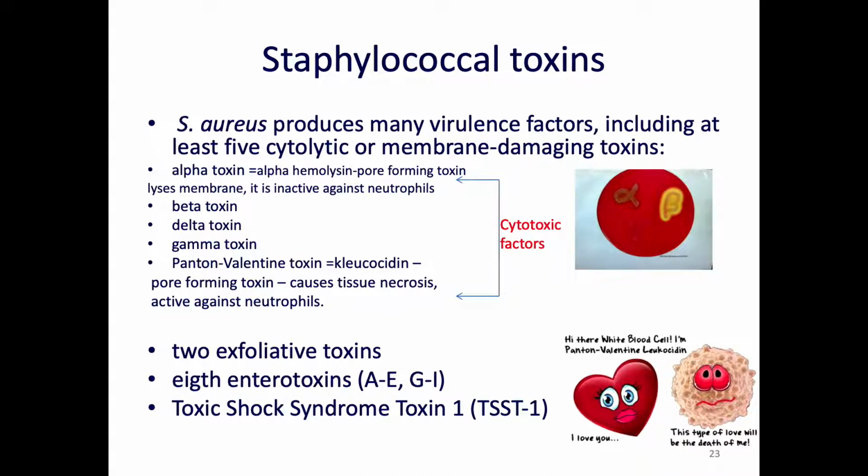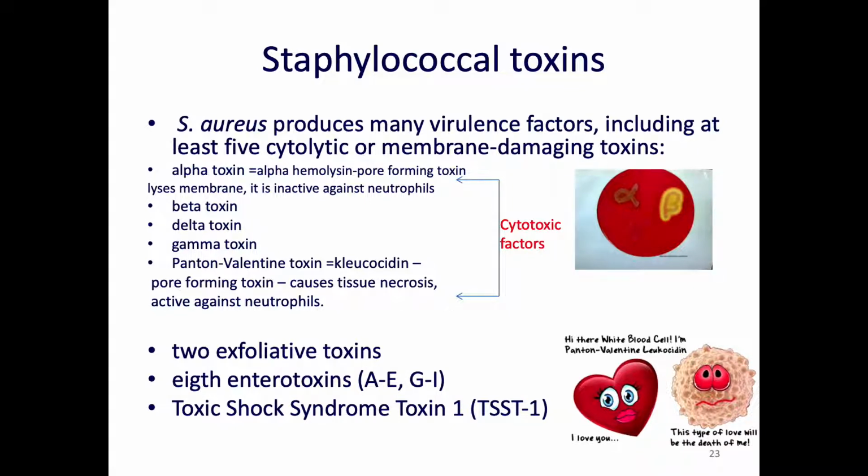including at least 5 cytolytic or membrane damaging toxins, and these are alpha toxin, beta, delta, and gamma toxin, and also Panton-Valentine toxin. So when we say cytotoxic, this means that they are acting against the cells. They are either damaging the cells or destroying the cells.